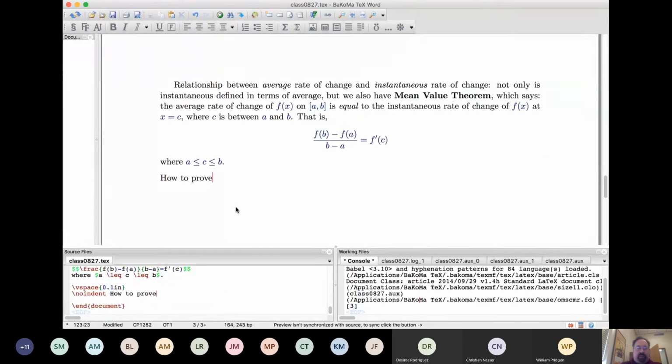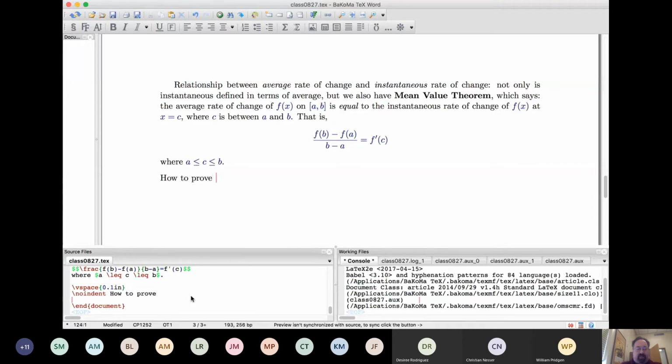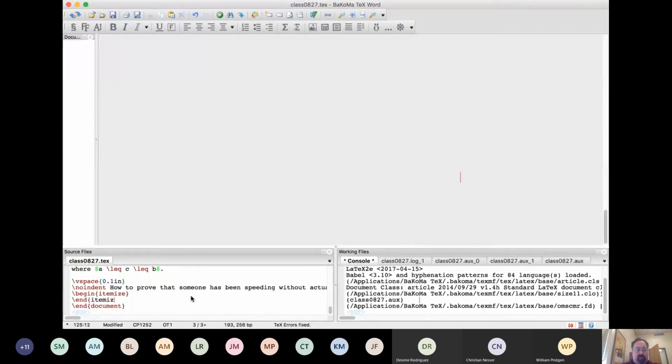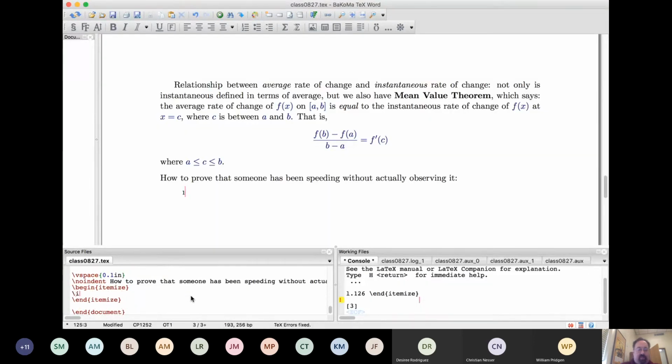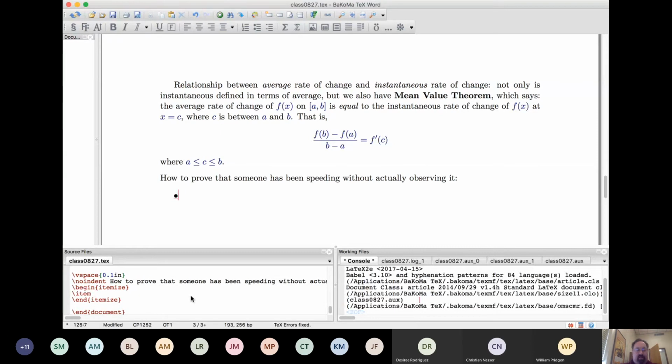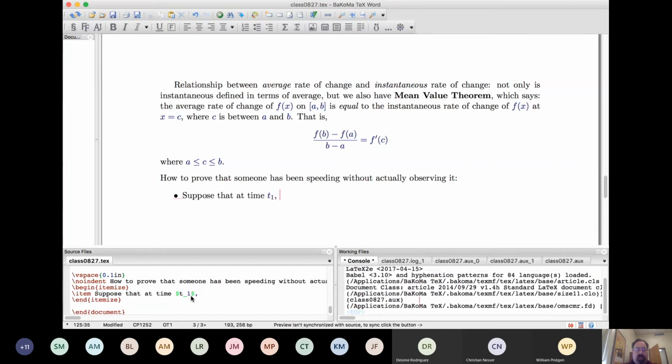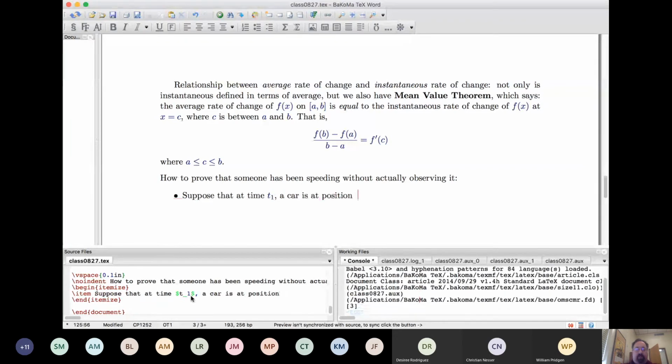You can use this relationship between instantaneous and average rate of change to prove that someone has been speeding without actually observing it. All right, so suppose we have a car that's at a certain position.